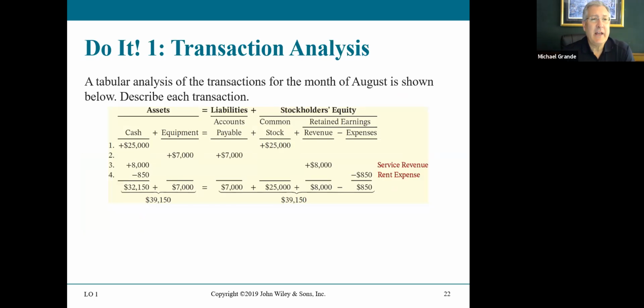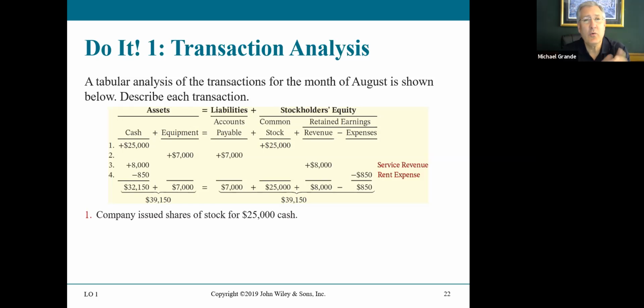A tabular analysis of the transactions for the month of August is shown below. Describe each transaction. So transaction number 1, cash goes up, common stock also goes up. The company issued shares of stock for $25,000 cash.